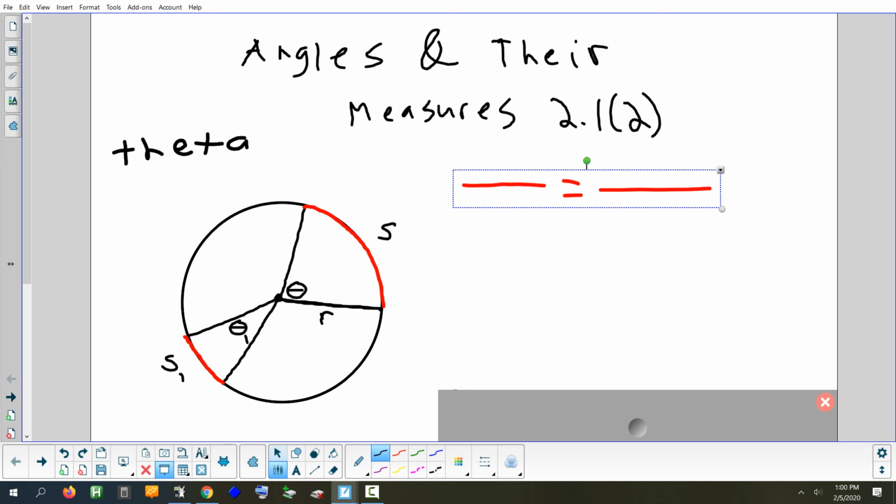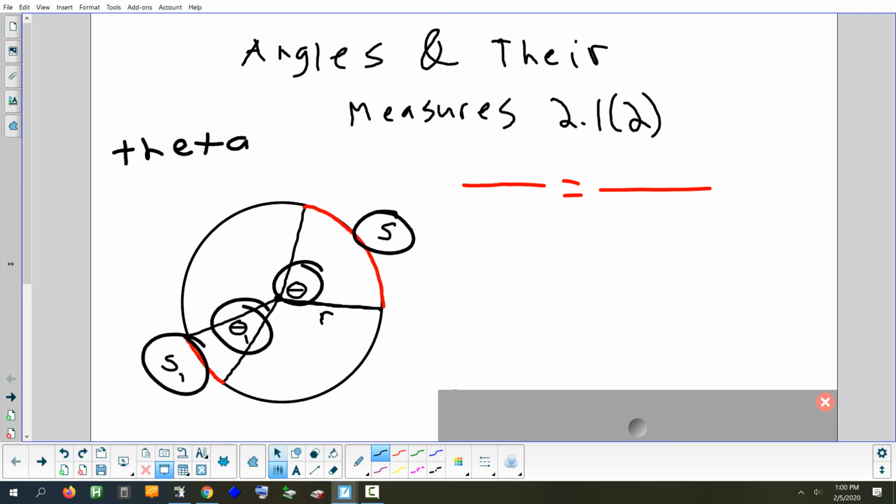The 4 spots are the numerator and denominator on the left, numerator and denominator on the right. These are what are going to go in the 4 spots. An arc and an angle, another arc and another angle. You can set the proportion up a lot of different ways, as long as whatever pattern you use on the left, you use the same pattern on the right. Okay? So let me start with the left and see if you guys can get the right.